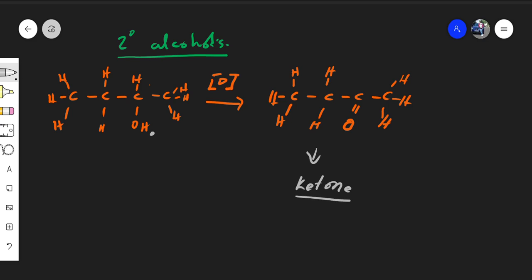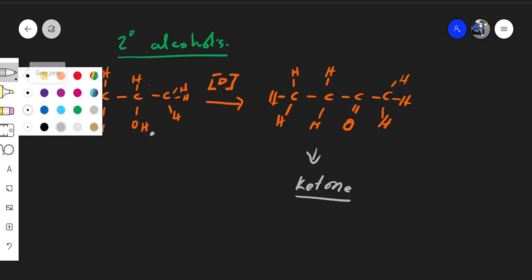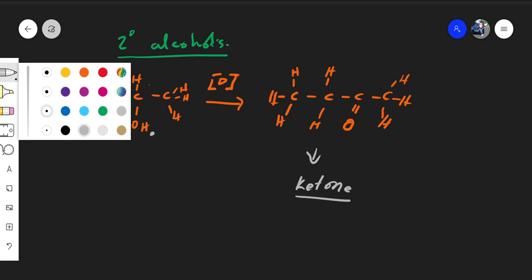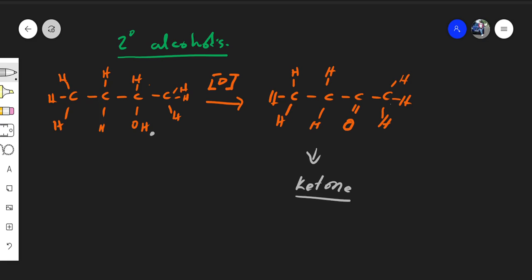So we need to be able to name this ketone, right? The ketone is numbered from the carbon which is closest to the functional group. It's this ketone, right? Good.